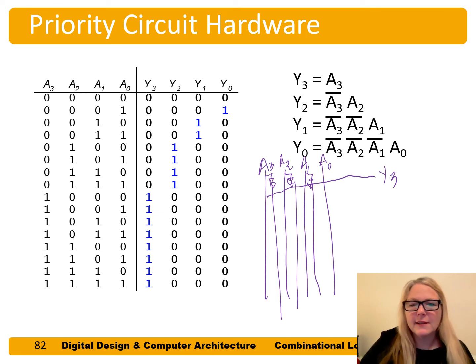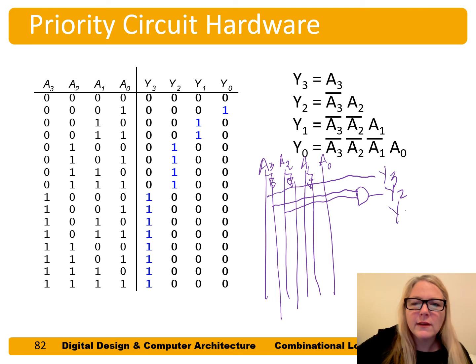Now y2 equals, well, it's going to be a 2-input AND gate, a3 bar and a2. y1 is also an AND, just a product term or implicant, a3 bar and a2 bar and a1.